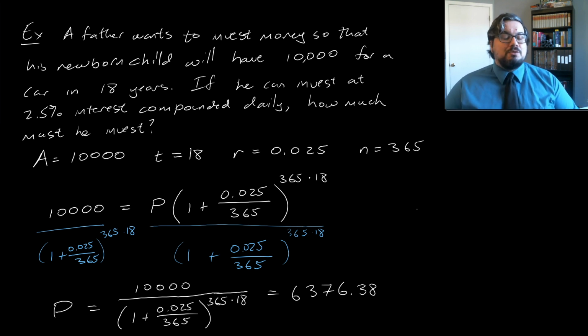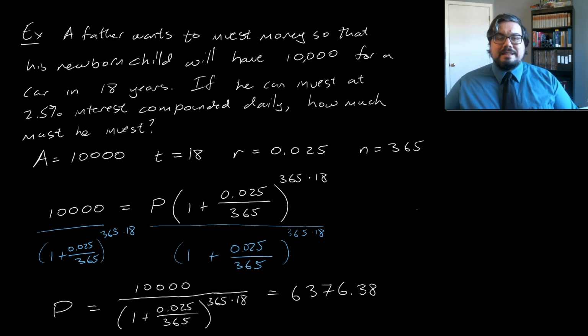Compounding daily gives you more money than compounding quarterly, which gives you more money than compounding annually. And so by increasing the number of compoundings a year that you do, you get more and more money.